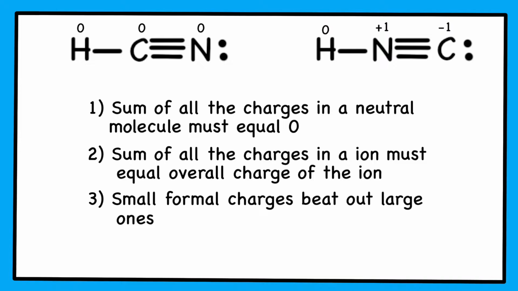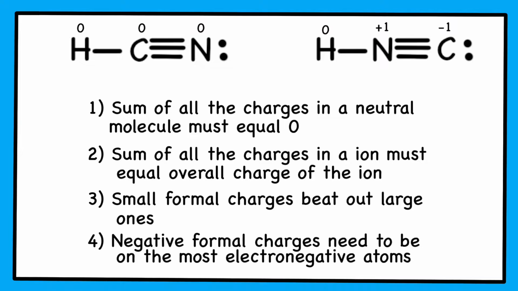And then Rule 4: when formal charges cannot be avoided, negative formal charges should reside on the most electronegative atom. So if we have to have a negative charge and all the other rules 1 through 3 are fulfilled, then to know the stability, the element that's the most electronegative has to have the negative charge over it.